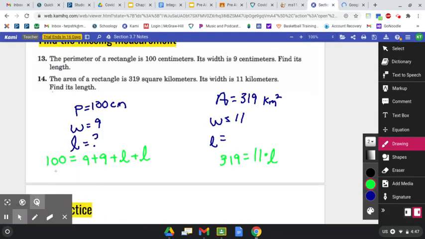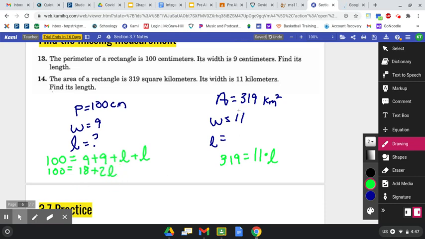All right, so with perimeter equals width plus length plus length, I filled in the perimeter of 100. And then I had the widths of 9 each, and I'm looking to find the length. If we simplify this, it'd be 100 equals, constant term 9 and 9 would be 18, L plus L would be 2L.